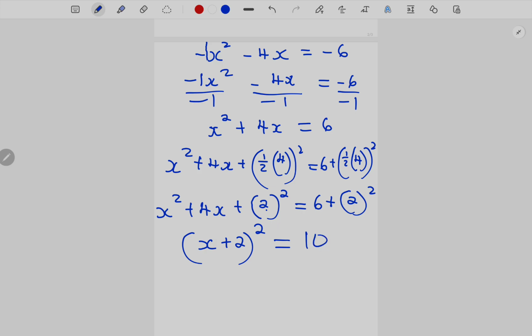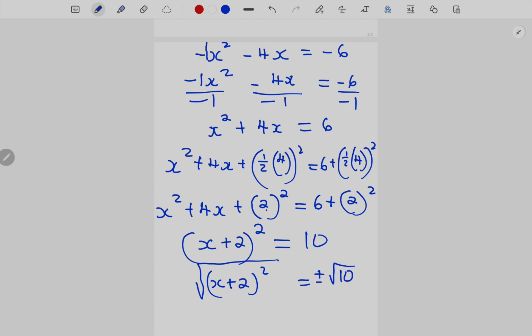Okay, then we are going to solve for x. We are not solving for x plus 2 all squared, but we want x plus 2 only on the left hand side. So what do we do? We're going to say x plus 2 all squared, therefore the square root of x plus 2, because we want to remove the square, is equal to plus or minus the square root of 10.